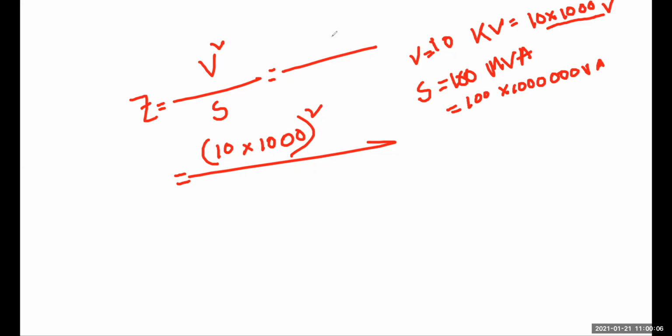So if you square it, this will be 10 squared, and here we will have 3 more zeros. And this one is like this, 100. So they will cancel each other.